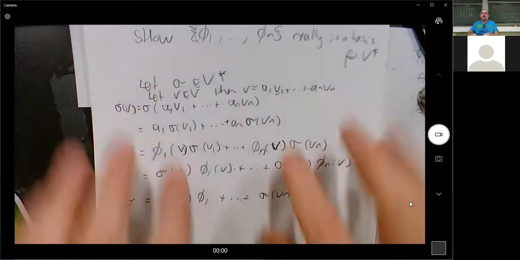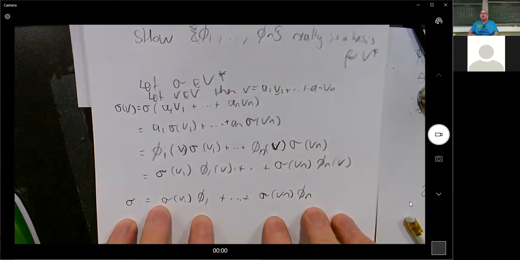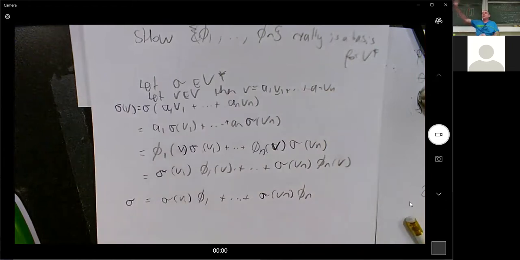And so this simultaneously proves, so the other one was, assume it is a basis, proves that that's the right number. But this is simultaneously showing it's a basis and showing it's the right number, all in one go. Which is a linear combination of phi 1 up to phi n.